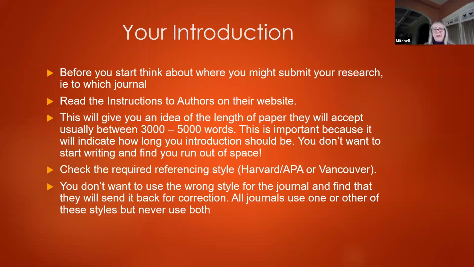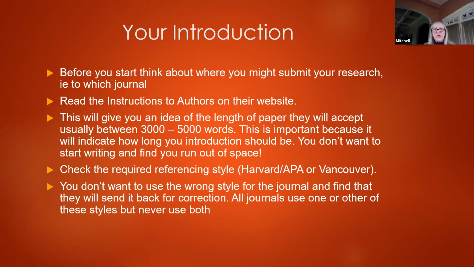The important thing about this is that it's going to serve as an indication as to how long your introduction should be. You don't want to end up writing a 10-page introduction when the number of pages that can be submitted to a particular journal is 8, for example. Again, you always want to check the correct referencing style, whether it's numerical or APA, because this will have indications as to the length as well.